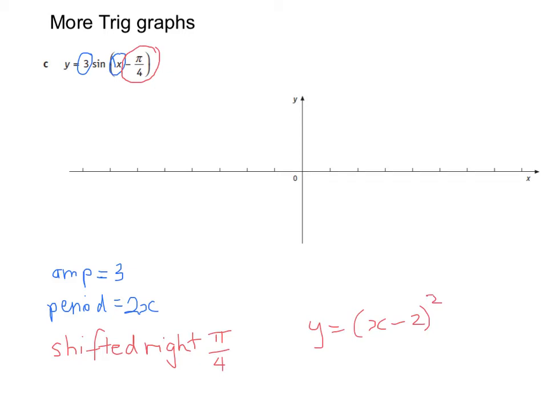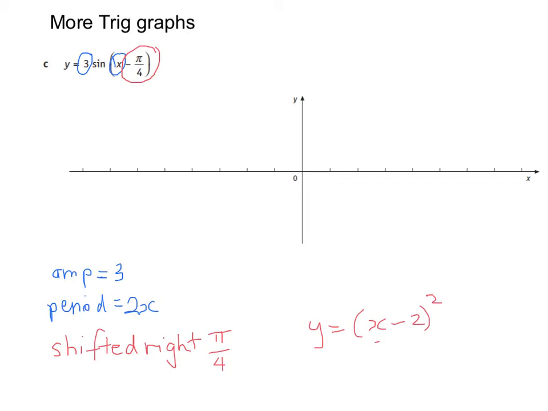That was shifted to the right 2 units, because if you sub in x equals 0, then you get y equals negative 2 all squared, which is 4. Or if you were to sub in x equals 2, then you get 2 minus 2, which is 0 all squared. So that's where the intercept is, so that's why it's shifting to the right.